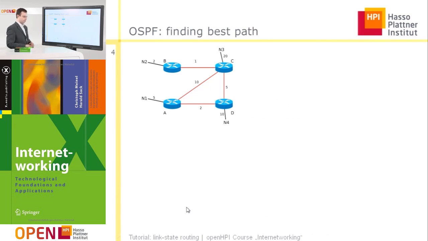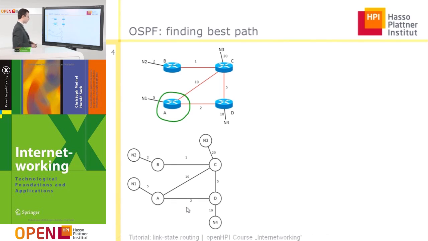To find the best paths to each destination, every router, let's take router A for our example, first of all builds from the link state database a graph where the vertices are routers and destination networks, and the weights of the edges are represented by the metrics, or costs, of every link.